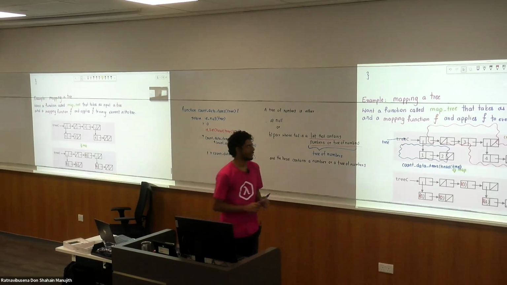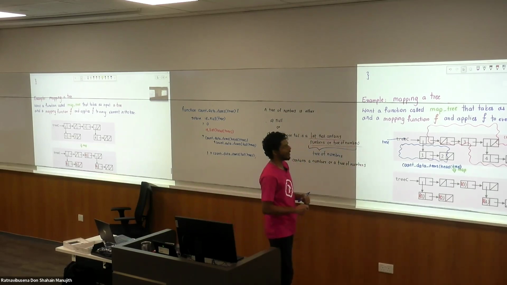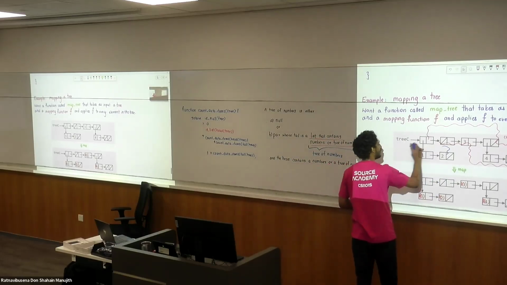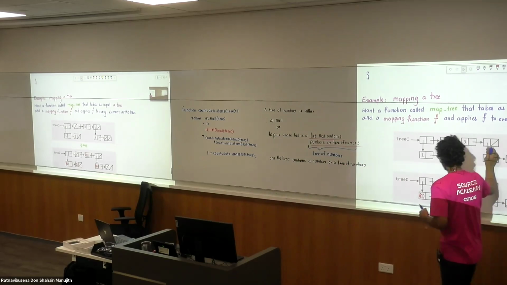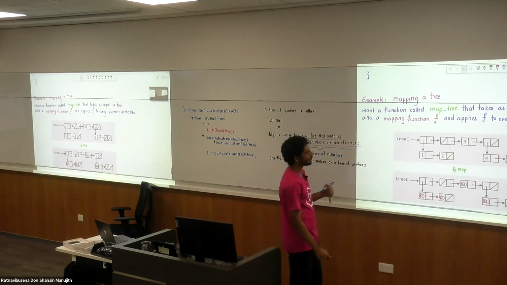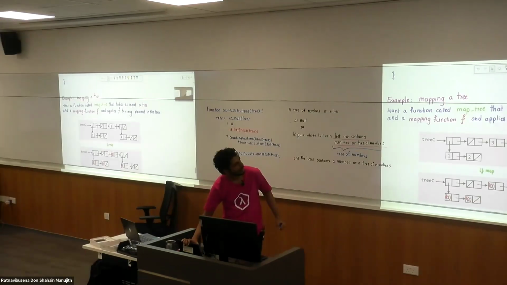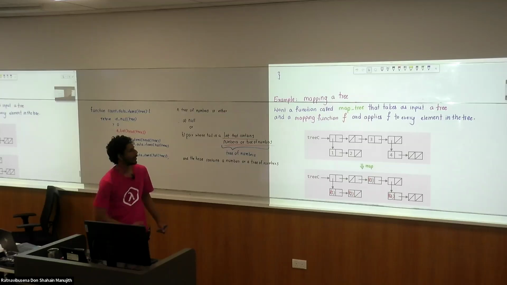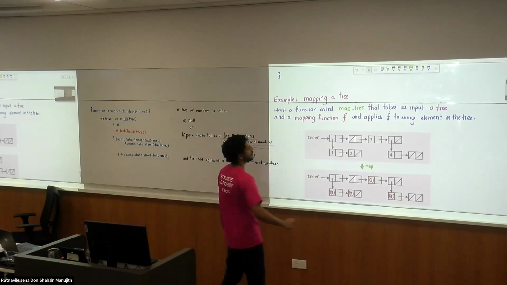Right, so let's do mapping a tree. We want to write a function called map tree that will take as input a tree and a mapping function f, and applies f to every element in the tree.